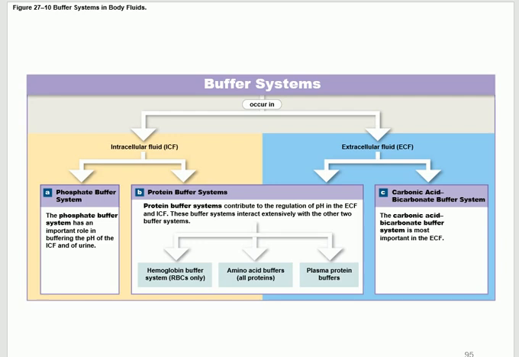Now, where is that buffer system? Are you buffering the blood or the cells? We buffer both of them. Do you want the pH to change anywhere in your body, or do you want it to be within the normal range, inside the cells or outside the cells? Everywhere.